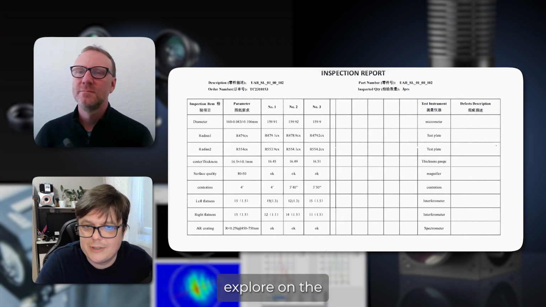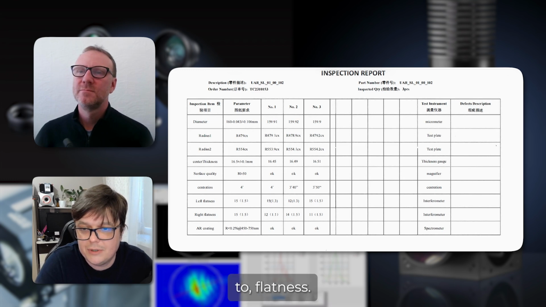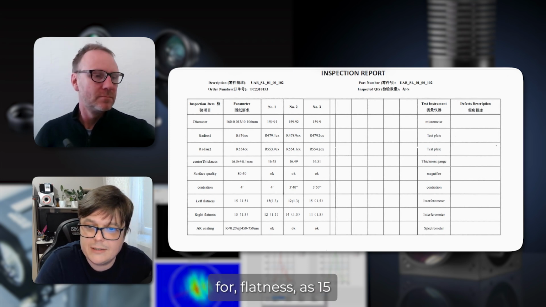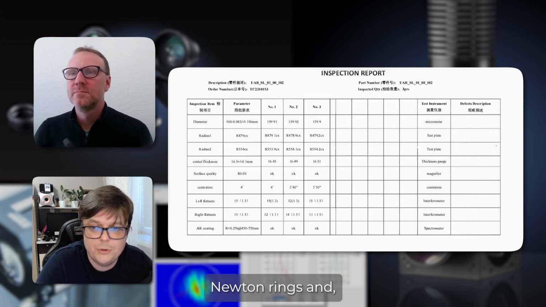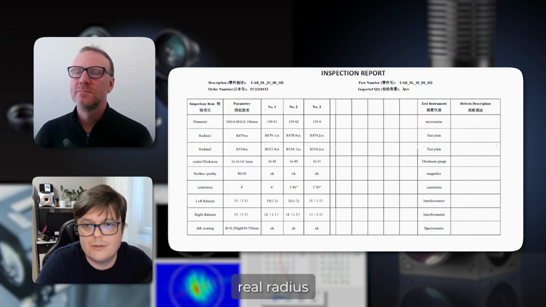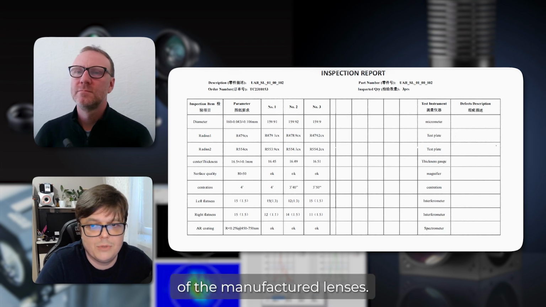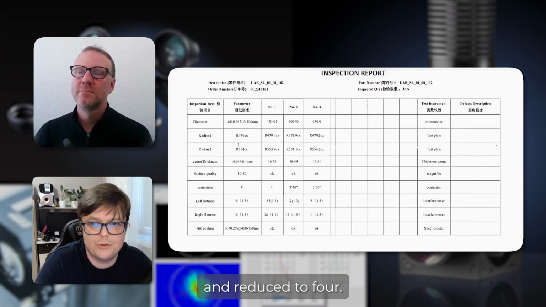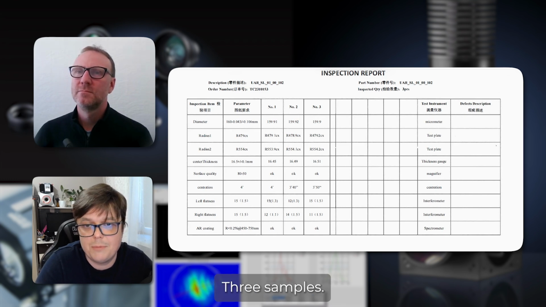While exploring the inspection report, I saw that the radius error does not fit the flatness requirements for the tolerances. We defined tolerances for flatness as 15 Newton rings, and the supplier decided to measure the real radius of the manufactured lenses. We can see it in lines radius 1 and radius 2 for 3 samples.